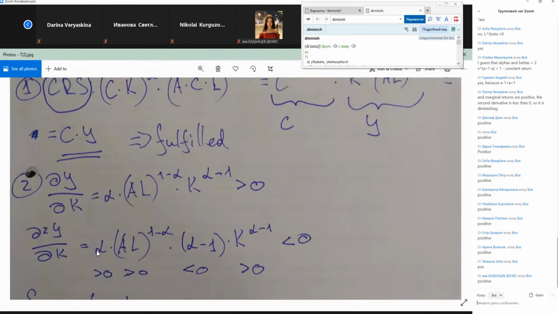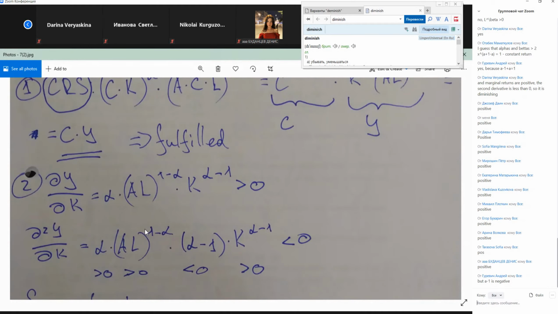The second derivative: the first part of this expression is just a constant for K, so we take it as it is, and then the derivative of the rest gives alpha minus 1, which is negative, times K to the power of alpha minus 2. It has to be alpha minus 2, not minus 1. However, it doesn't matter what power it is, because K is positive.